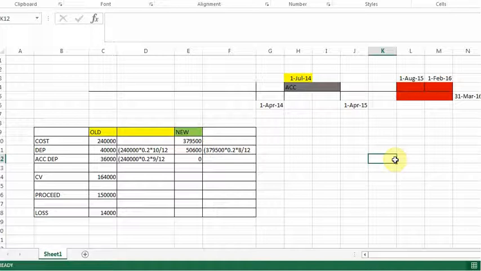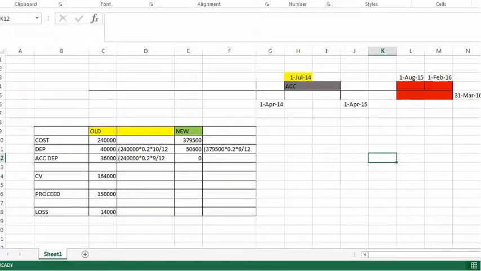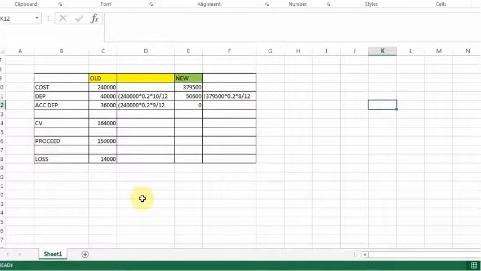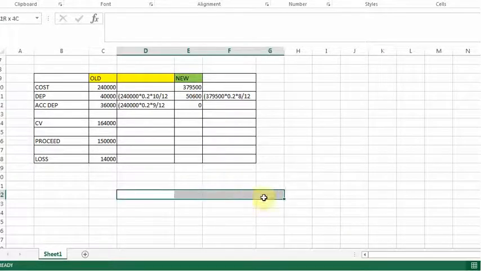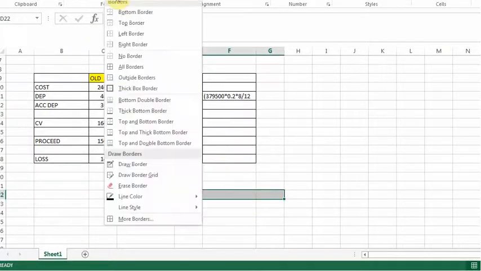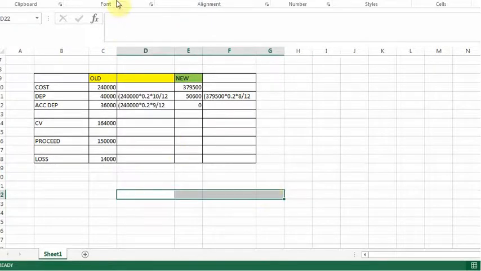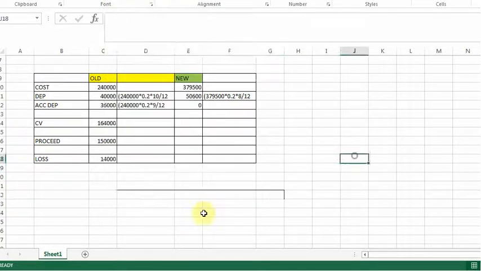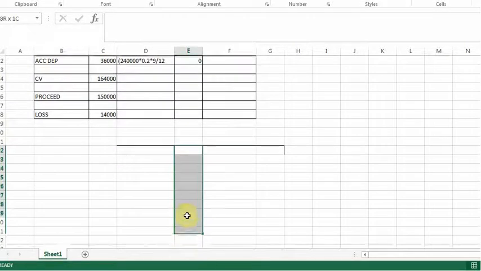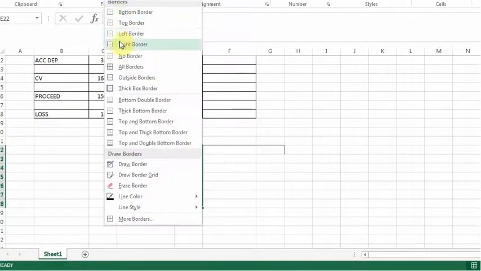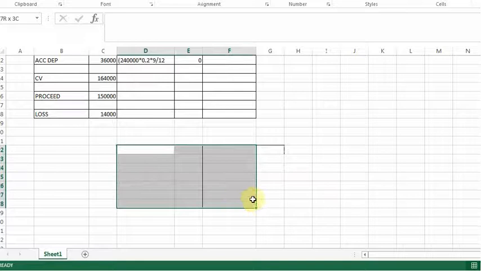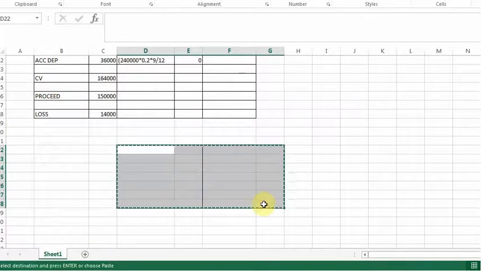The T accounts that are required are your vehicles at cost, your accumulated depreciation account, and the vehicle realization account. So let's start with the vehicles and the cost of the vehicles that should now be shown there. So here I'm just going to draw my T account, and then I'm just going to copy and paste so that I have 3 of them.